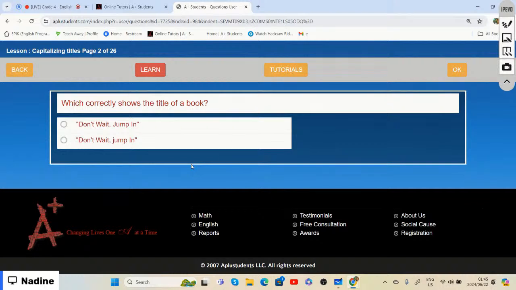Which one shows the title of the book? Look, the second option has a lowercase jump. Is that correct?